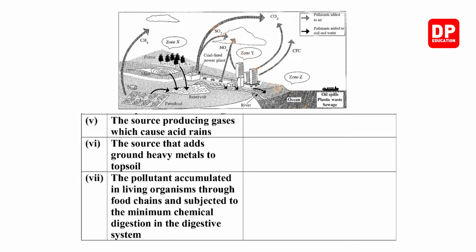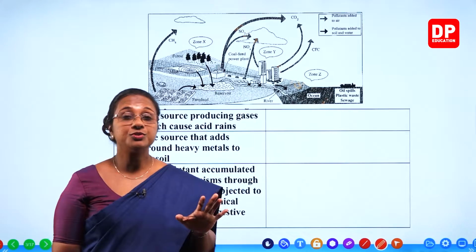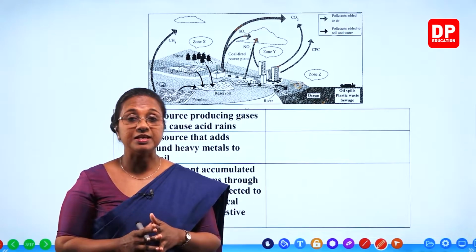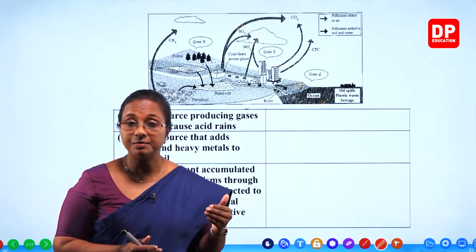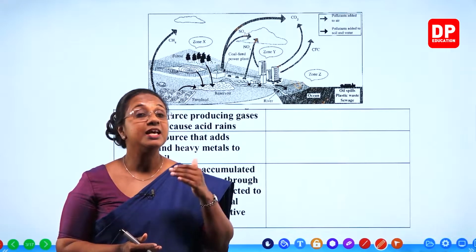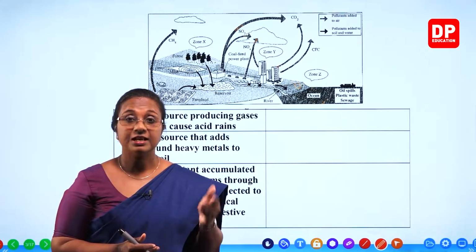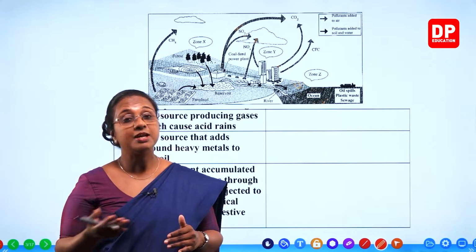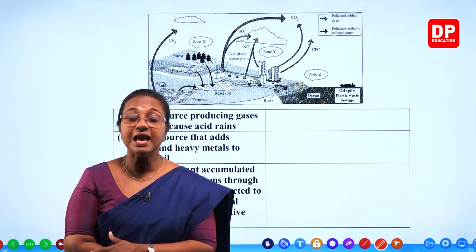The source producing gases which cause acid rains. Now, you all know, students, normally in the environment there is carbon dioxide in the atmosphere, as well as a certain amount of nitrogen oxides that is due to lightning. Nitrogen reacts with oxygen during lightning. So at that time also the rain is slightly acidic.